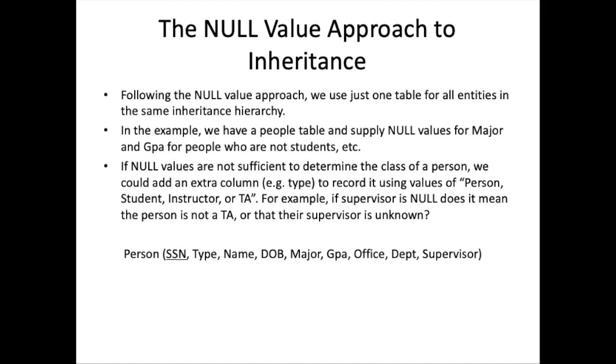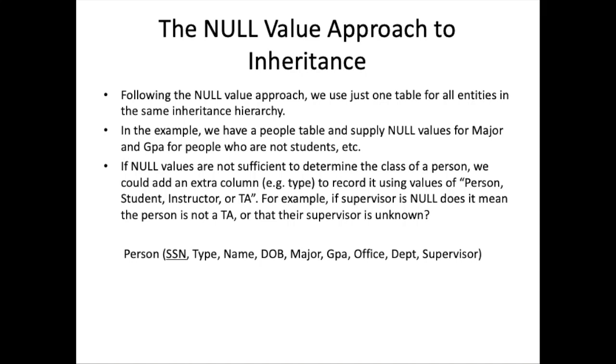So in this case, combining everything into one table, we'd still have Social Security number as primary key. We might have to add a column called type to indicate what type of person it was that we were recording. In some cases we might not, depending on, maybe we can determine that from seeing what values are null.